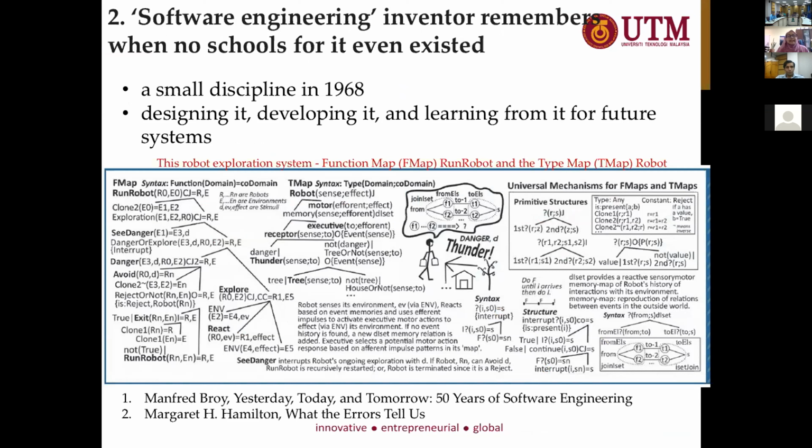Okay, I just tried to look at a few articles from the magazine. The first article addressed how we as software engineers design software, develop software, and learn from software development starting from 1968 in order to develop future systems.